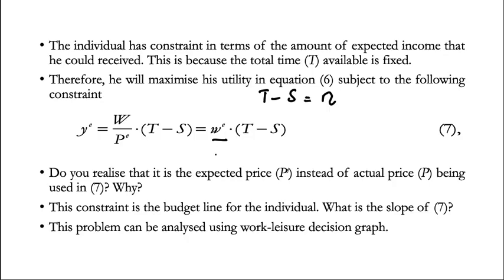Right now we use expected price here instead of actual price. Why? Because we have expected income here. Again, usually expected income fluctuates because of the price. You expect what happens to the price later and whatnot. Okay, so this is the constraint or the budget constraint for individual household.